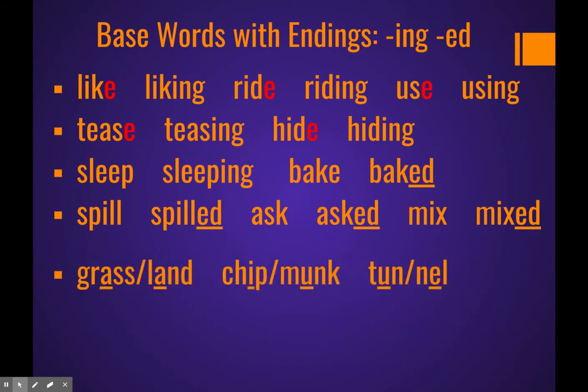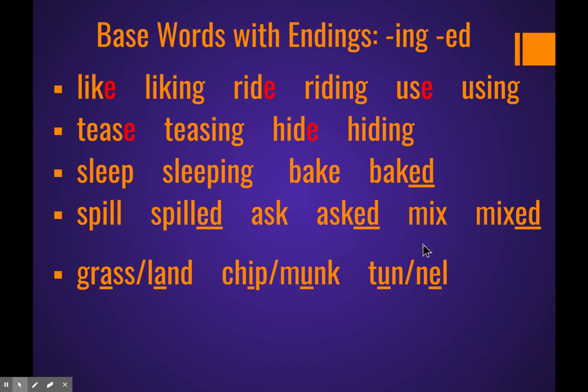All right, next one. Now, these are your syllables again, and if you notice, every syllable has to have a vowel. You break it between the two consonants, and this word is actually a compound word because you have grass, land, grassland. You have chip, monk, chipmunk. That one is not, but if you notice, vowel and vowel, break it between the two consonants.